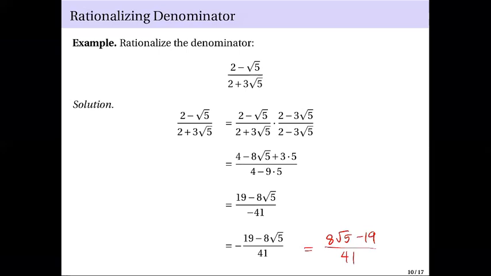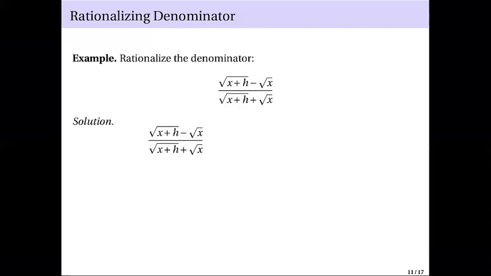Let's do another example in here. So let's have more algebra in a sense that we just see letters in here. We have square root of x plus h minus the square root of x over square root of x plus h plus square root of x. So in the denominator, we have square root of x plus h plus square root of x.